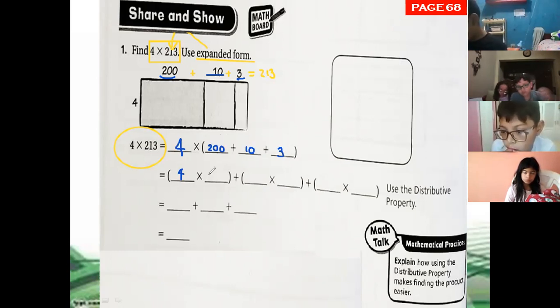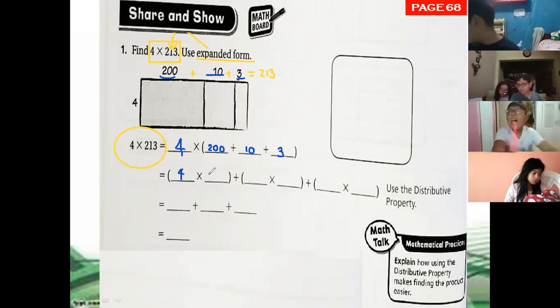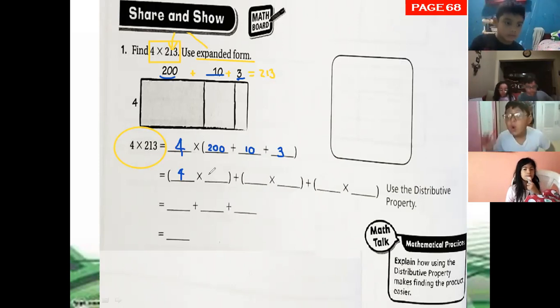What is the first number that I need to multiply? 4 times 200.